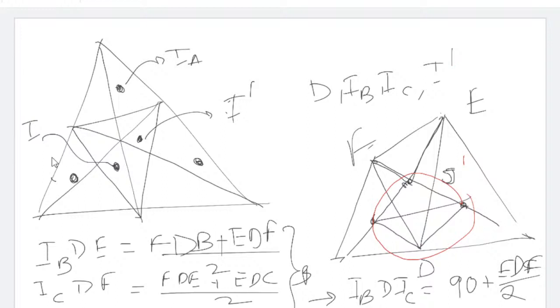What's next? They're given an incircle thing, right? Maybe we can use the condition that the sums of the opposite sides are equal, the Pitot theorem. Yeah, maybe we can use that somehow.